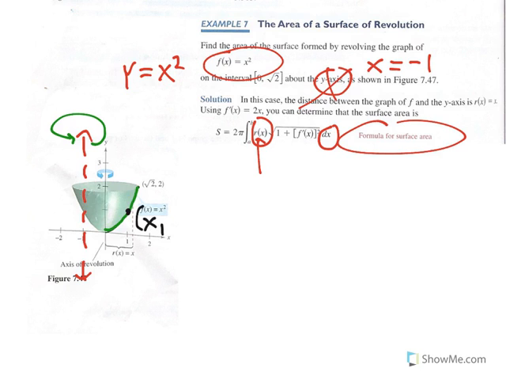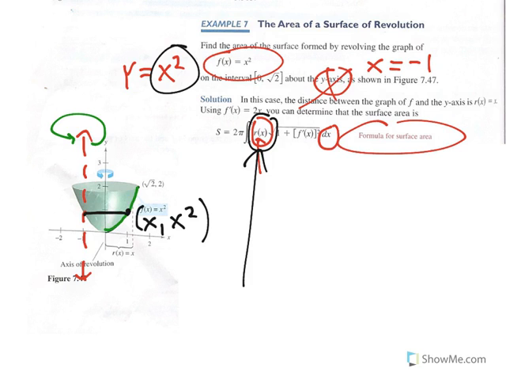So any point on this curve will have coordinates x comma y, but y is given by the function x squared. So we have x comma x squared. And if you want to find the distance from the axis of revolution to a point on the curve, you can draw this horizontal line segment. This point is on the axis of revolution, so x would be -1, and y could be any value.